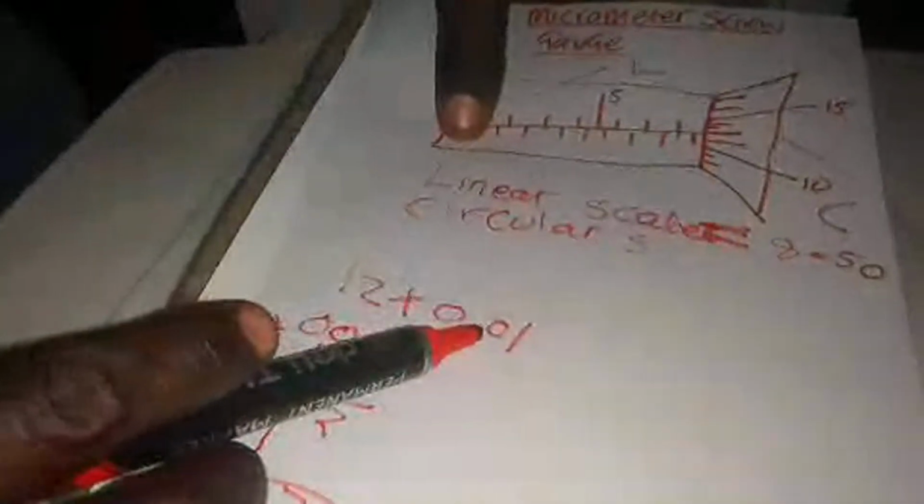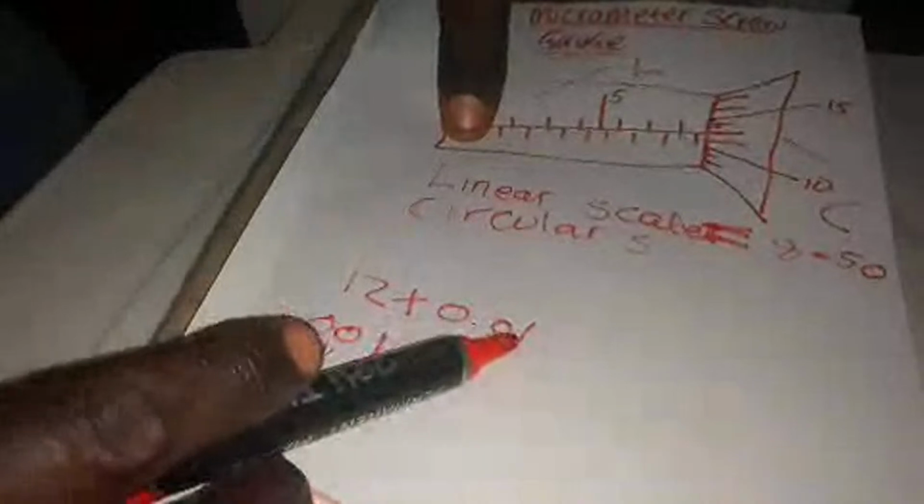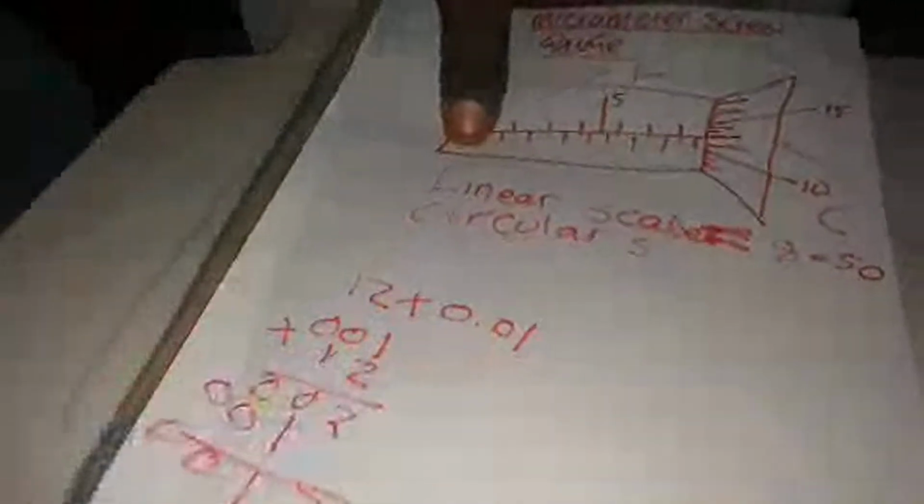You add these: 2, 1, 0, 0. How many decimals do you have? Counting, there are two decimal places. You find that you have 0.12 for the circular scale.